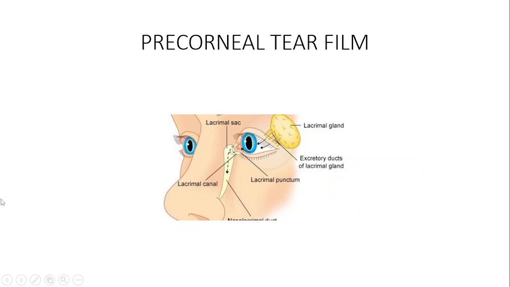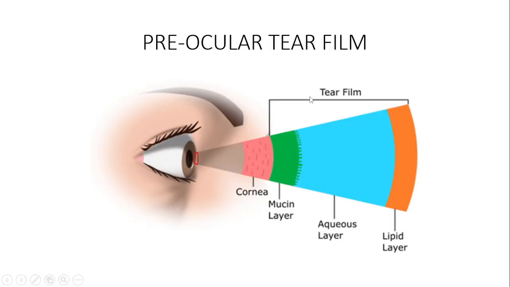We also have the accessory lacrimal glands of Krause and Wolfring. So these are the two major sources of the aqueous layer that constitutes the preocular tear film.